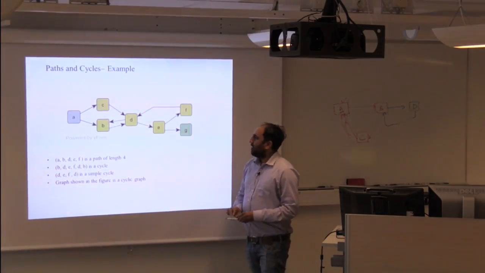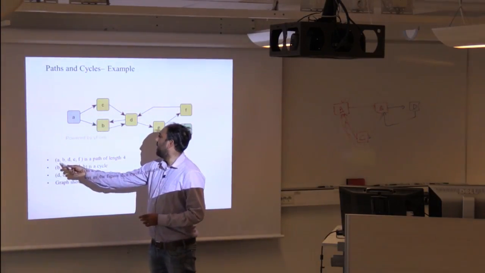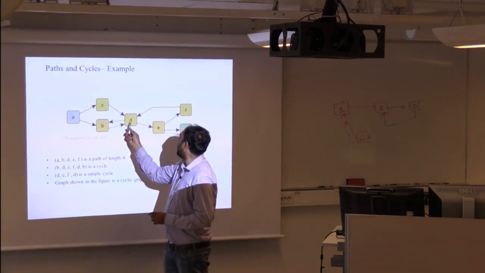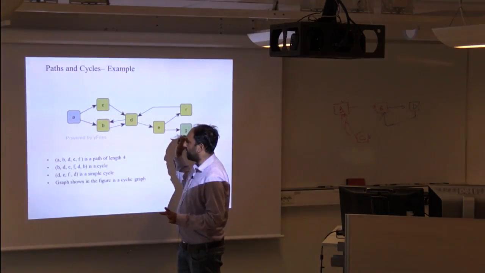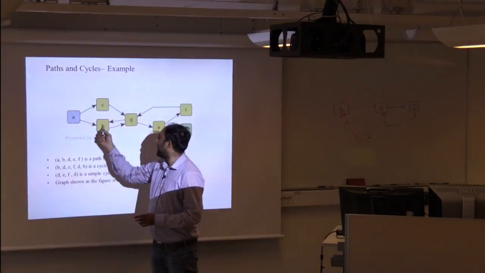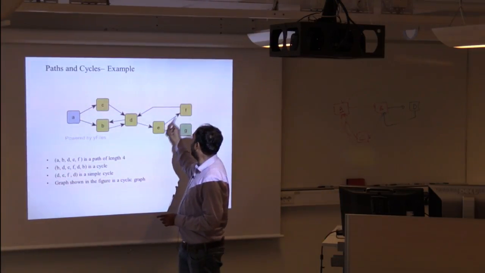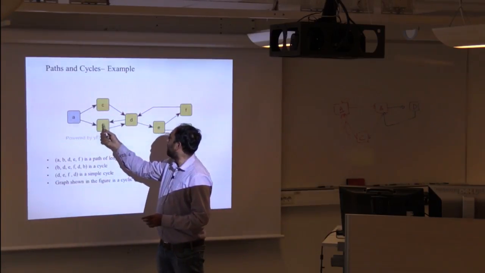Other than that, if we look here, A, B, D, then E, and then F. This is not a cycle, this is just a path. But if we start from the node B, B, D, then you go to E and F, come back to D, and come back to B, that's a cycle.